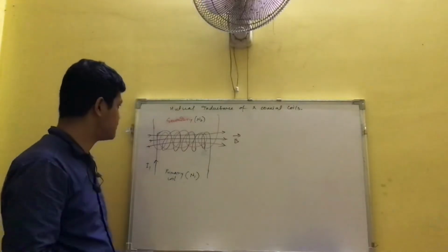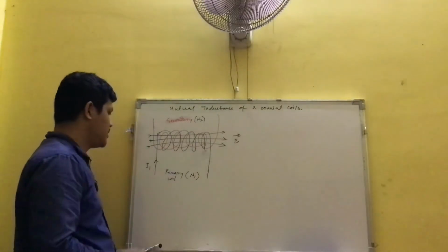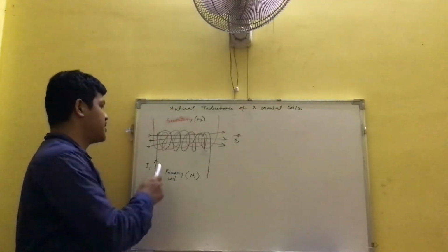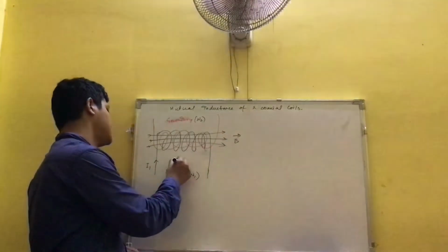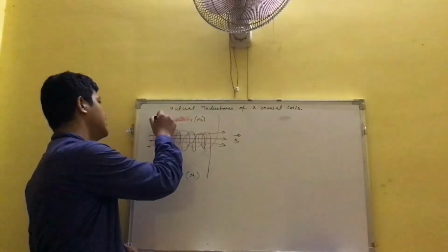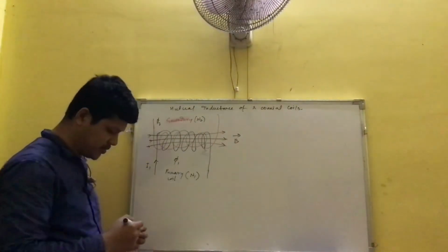Now here you see, the flux associated with the primary coil be suppose phi 1, and the flux in the secondary coil is suppose phi 2.